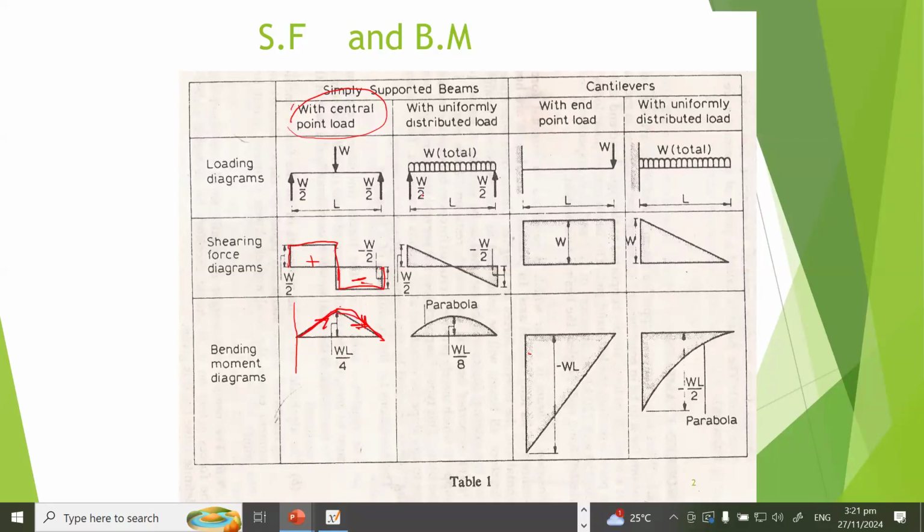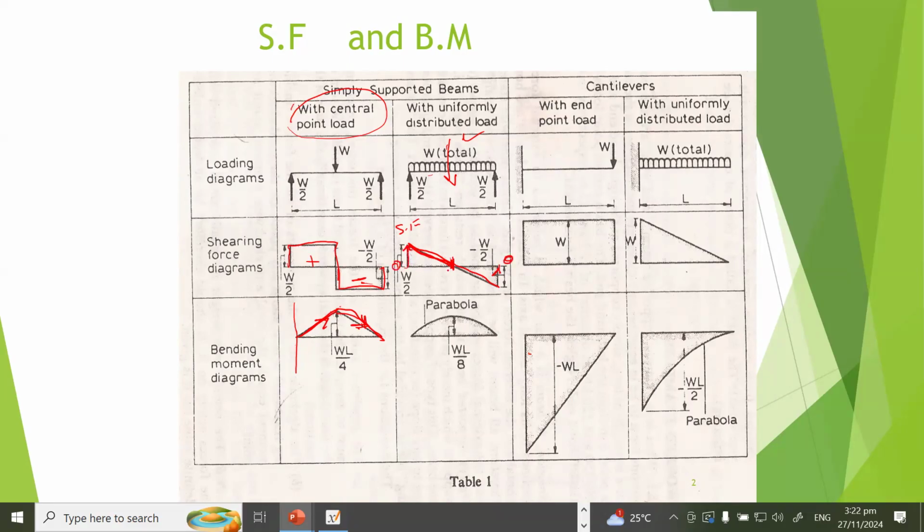When it is a UDL now, over here, when it is uniformly distributed, the shear force is just going to slope down. See there? And it's going to cross the 0 at that point because the load is going to be in the center. So it starts here at 0 and ends back here at 0.